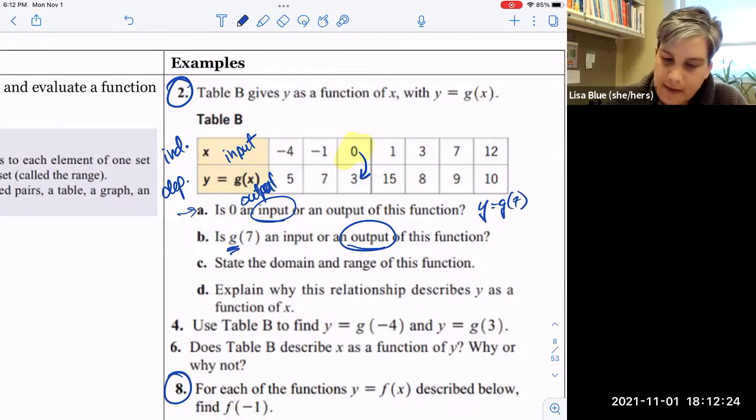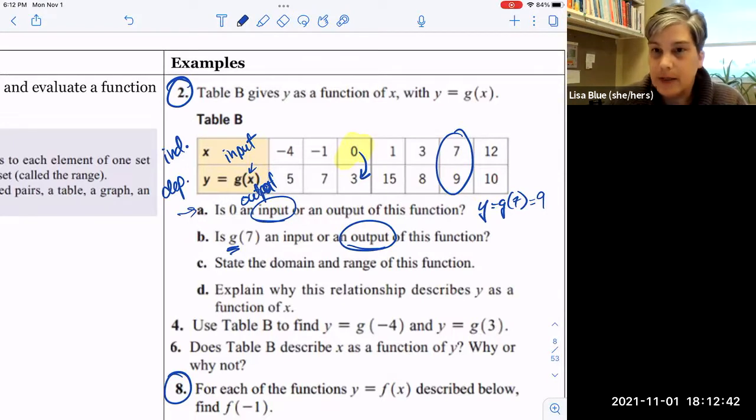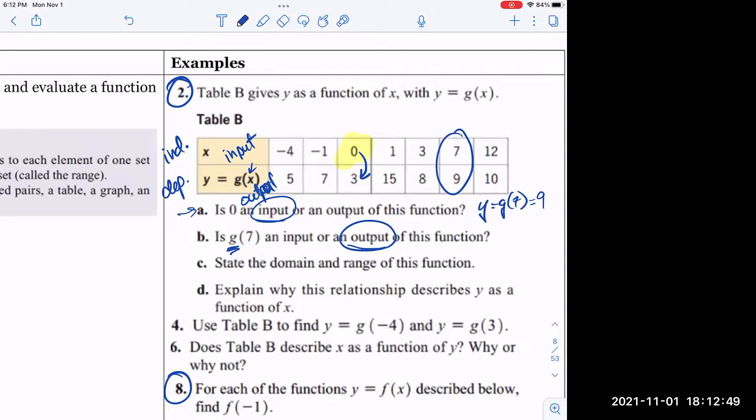And we know that that 7 is representing x. So where x is equal to 7, all right, we see that the answer to y equals g of 7 is 9. So g of 7 is going to be the output, and the output is 9. Does that make sense? Yes, that makes perfect sense.